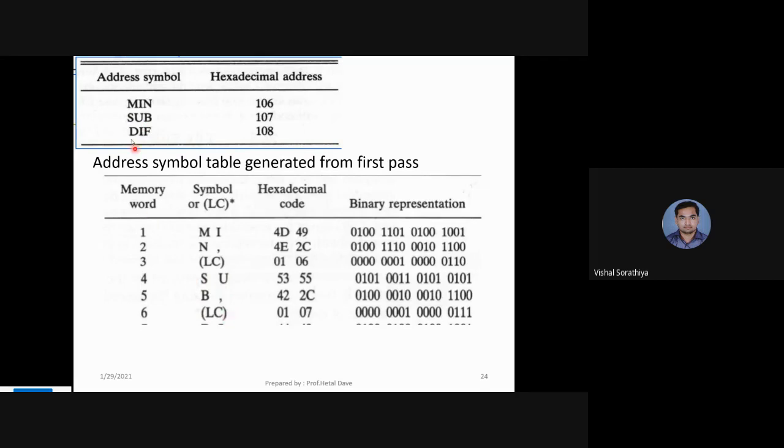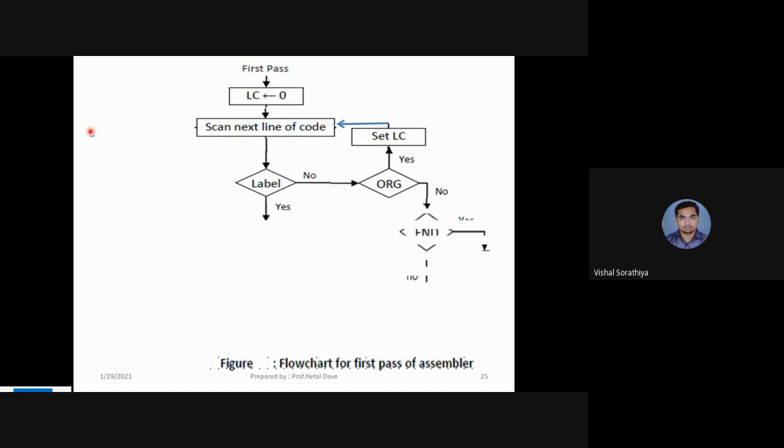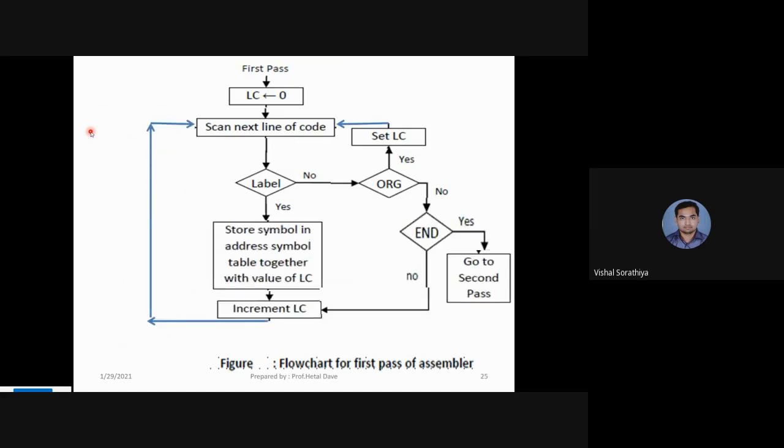So if a label comes here, along with the translation of DIF with the same location counter, it will convert the label also. This is the meaning I am writing over here: store the symbol in the address symbol table together with the value of LC.